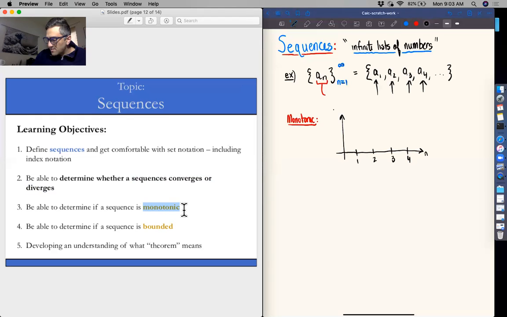And on the vertical axis, this would be that value of that specific n value a sub n. It is monotonic if we see that the sequence is either always increasing, so the values are either going up or staying the same, or it's monotonic in the other case if all the values are decreasing.